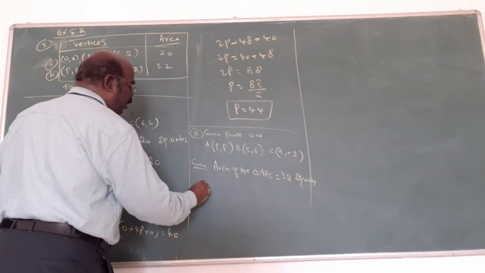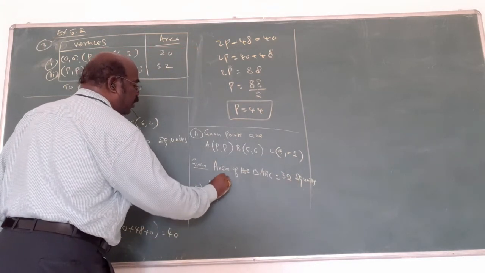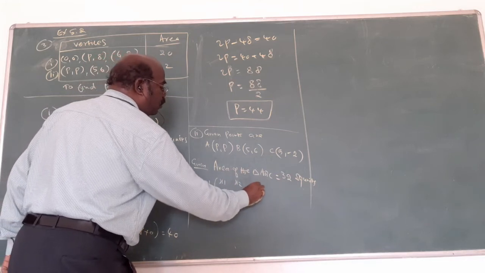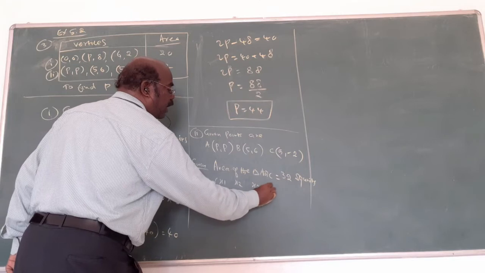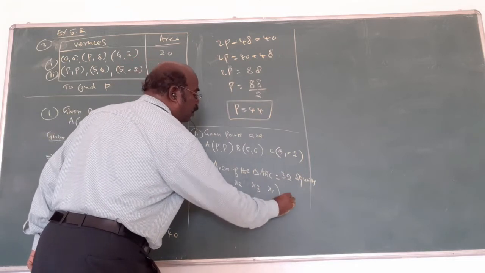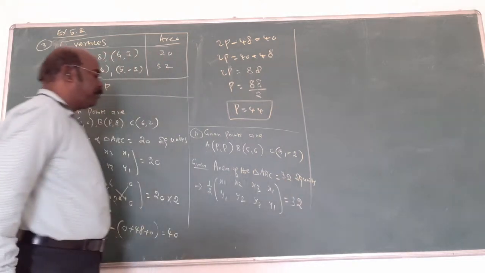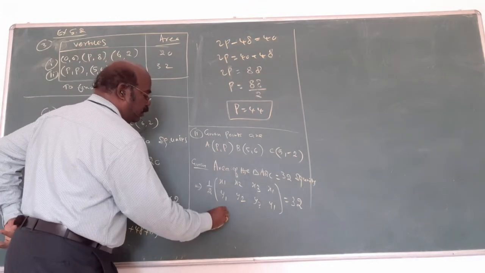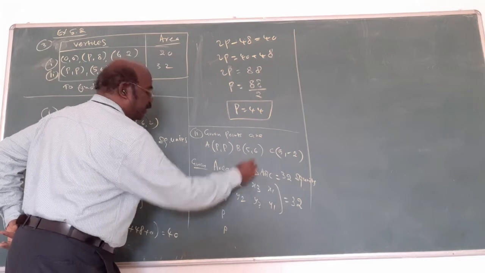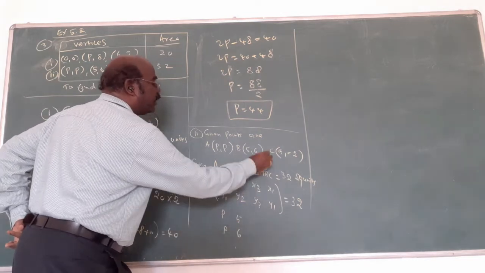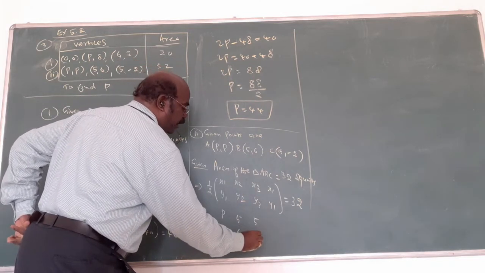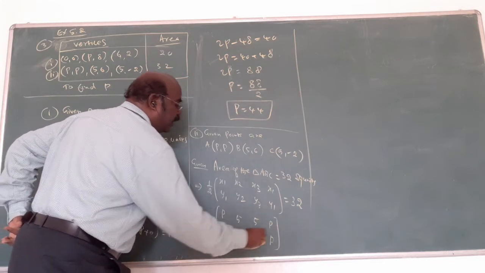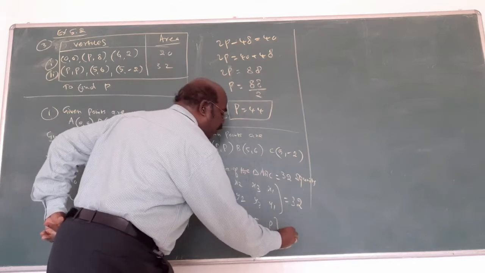What is the formula? Half into x1 y1, x2 y2, x3 y3, again x1 y1 equal to... Now what is to find? p. p, p. 5, 6. Next, 5, minus 2. Second, p. Close the bracket. Is equal to, already that is there.